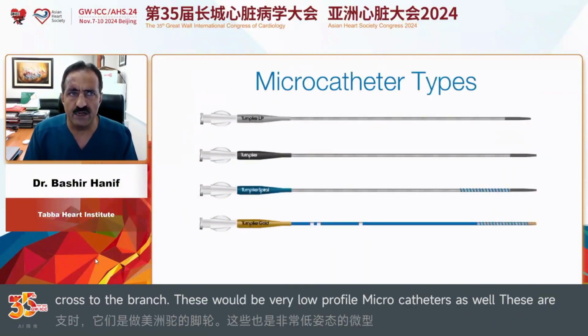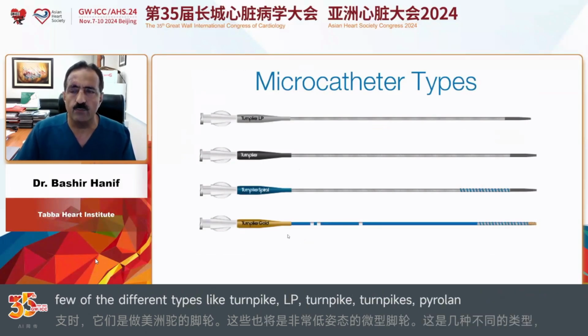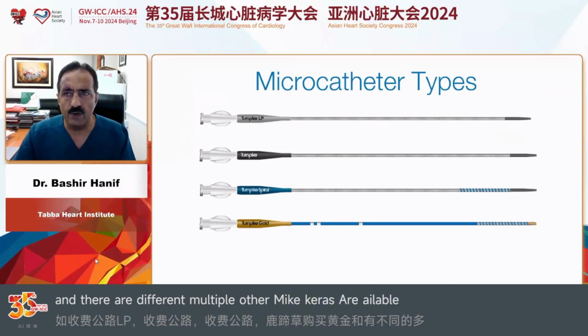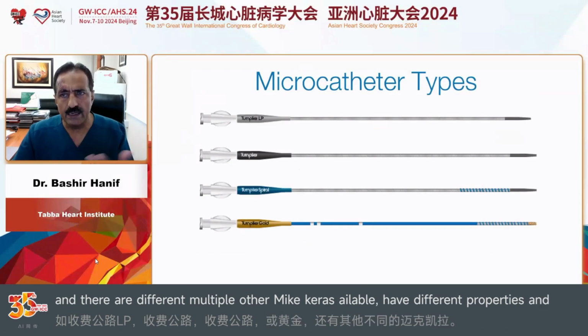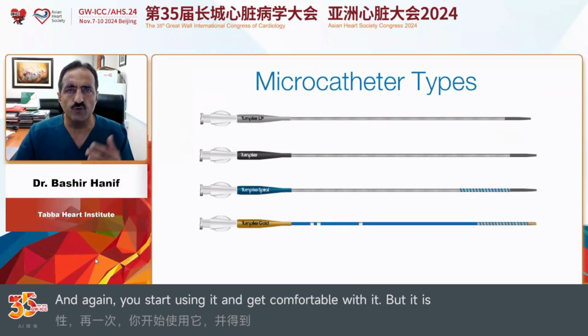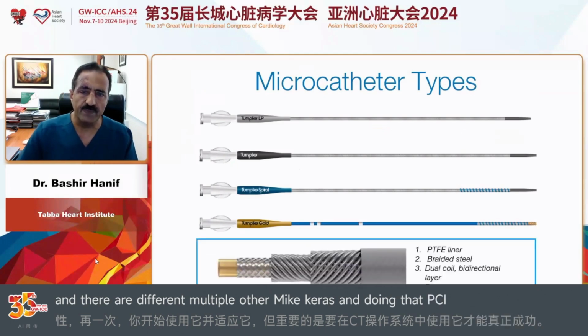These are a few of the different types like Turnpike LP, Turnpike Spiral, or Turnpike Gold, and there are multiple other microcatheters available with different properties, and again you start using them and get comfortable with them. But it is important to use one in CTOs to really succeed in doing that PCI. These microcatheters have different layers.